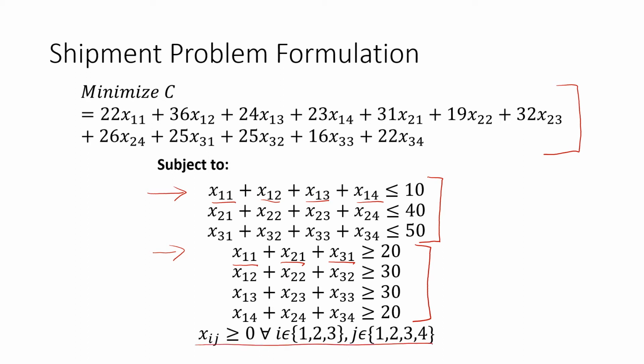And of course, everything has to be positive. So your variables here are xij, such as x22 is the amount of item that is sent from warehouse 2 to distributor 2. So xij is the amount of product from supplier i to distributor j.